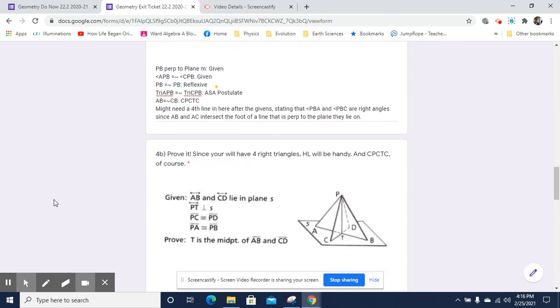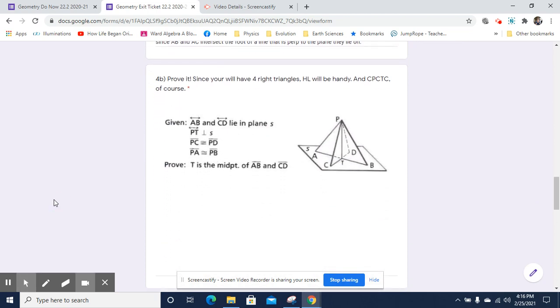Let's go into 4B, and 4B is asking us to prove that T is the midpoint of AB and CD. Okay, so let's see what we've got. We've got some givens.